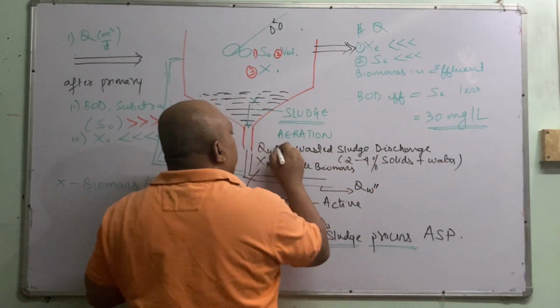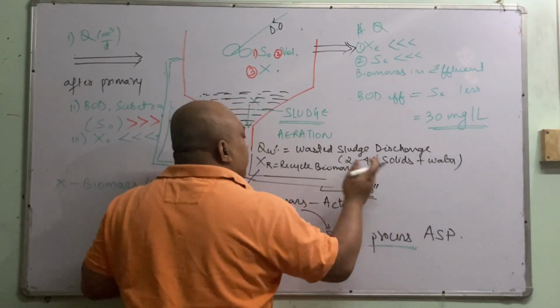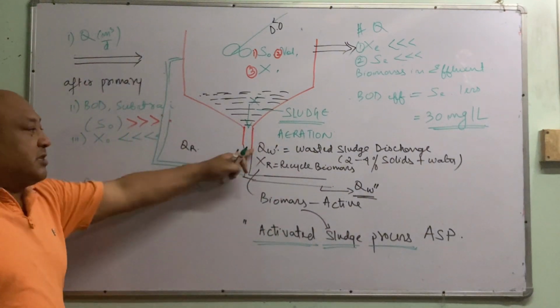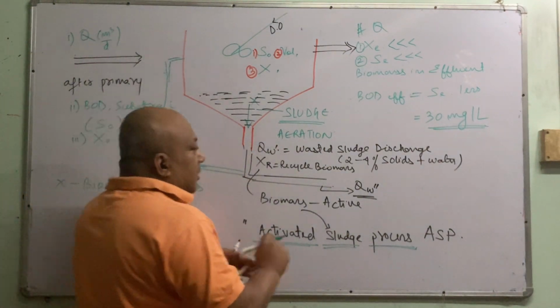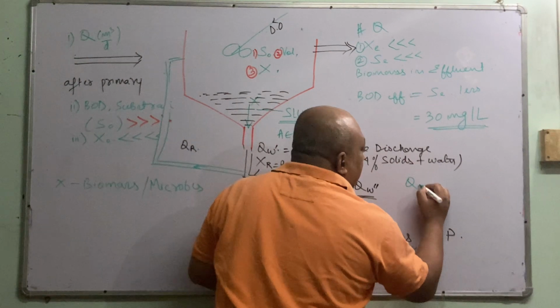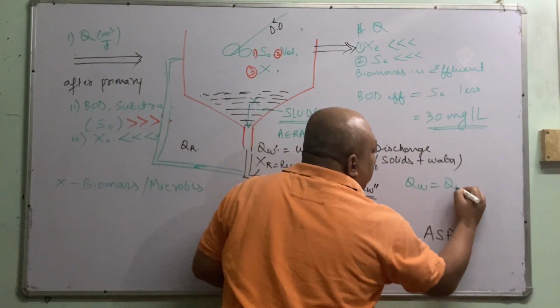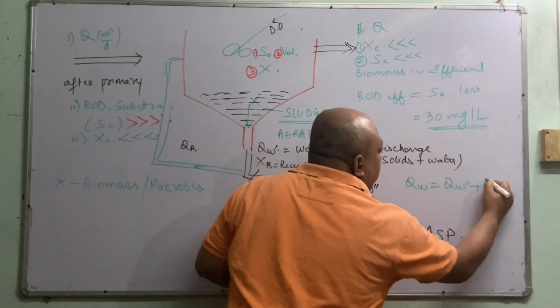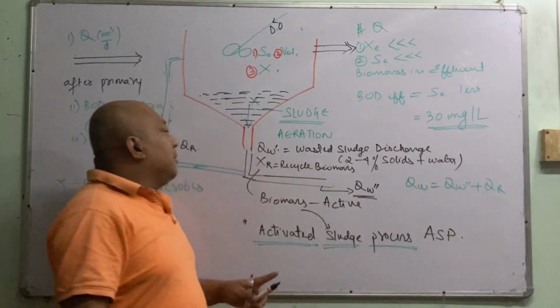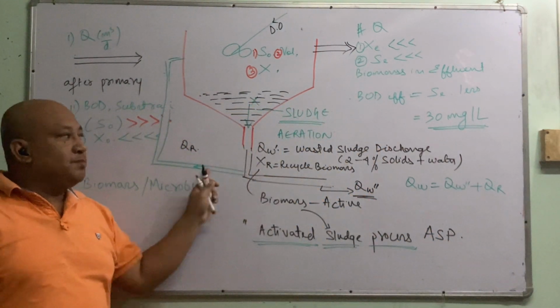This is QW1, this is QW2. This is completely wasted. Now, this QW1, this is nothing. QW is equal to QW2 plus QR. Am I correct? Because this is split into two.